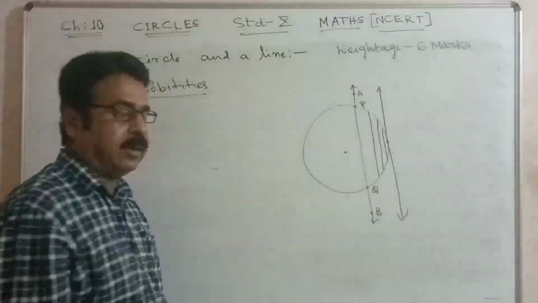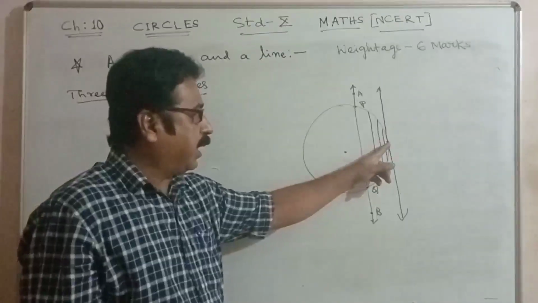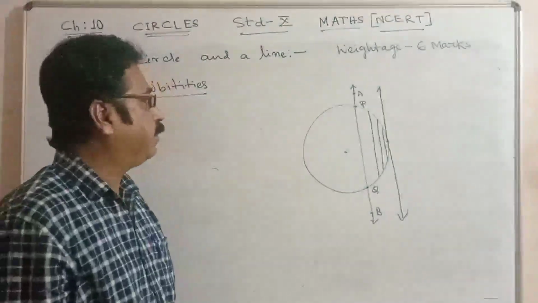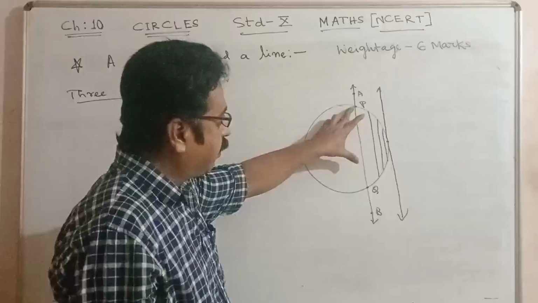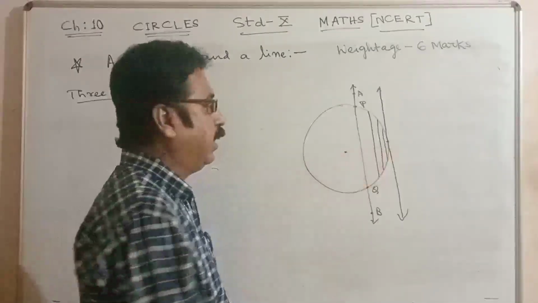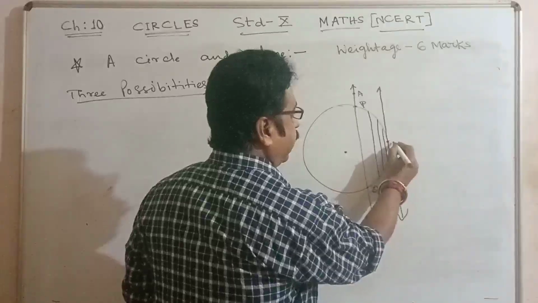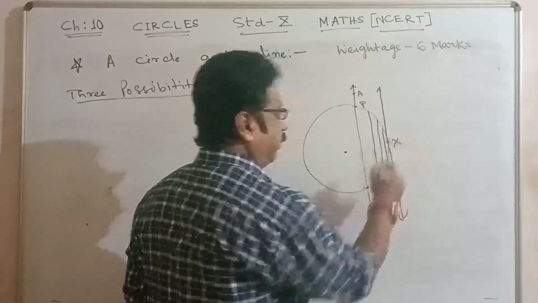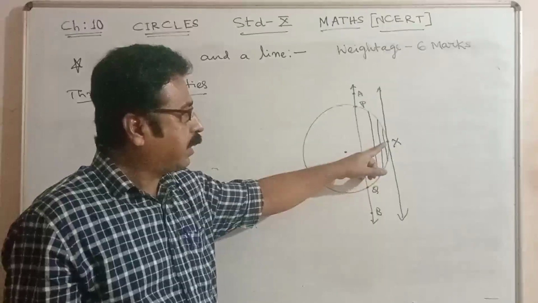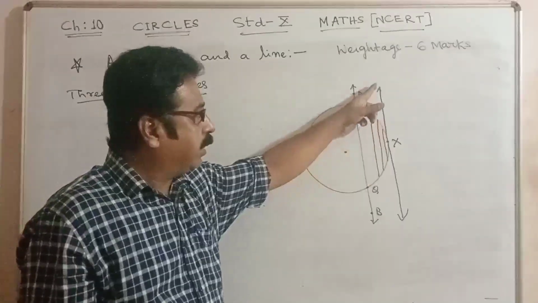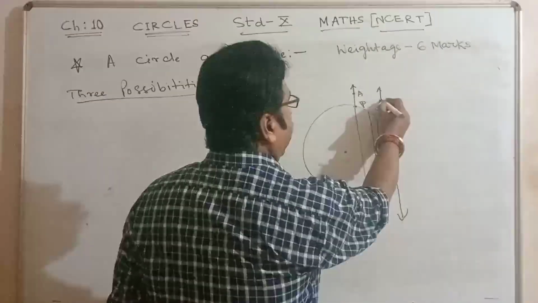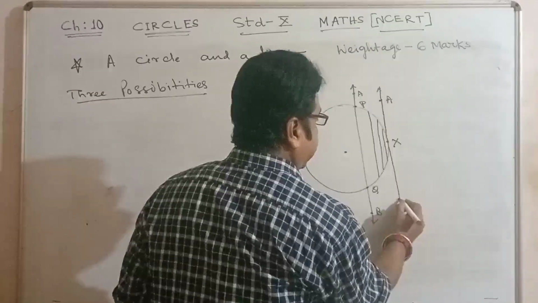That's why we can say that a tangent is the special case of a secant. When the points P and Q of the secant coincide at a single point, suppose it is X, then the line AB will become a tangent.